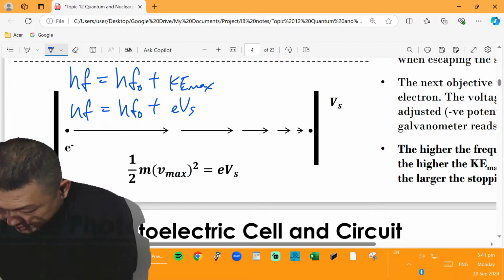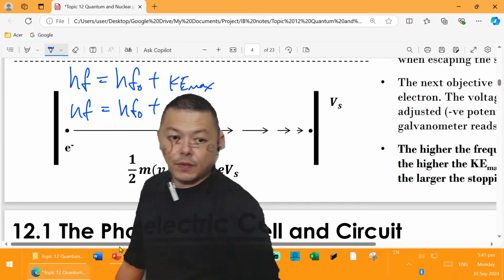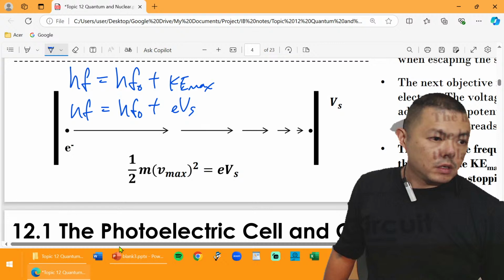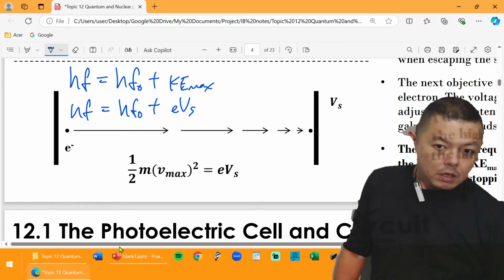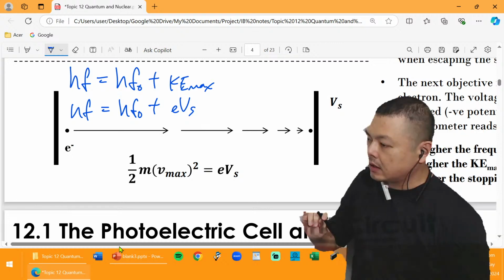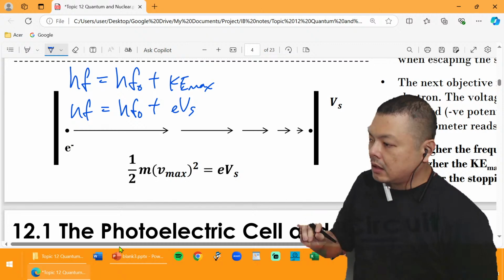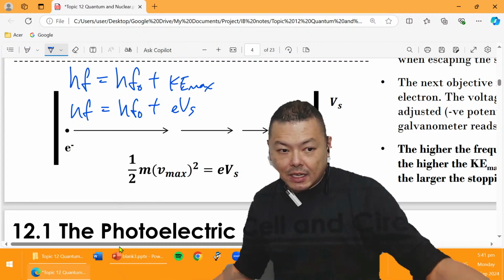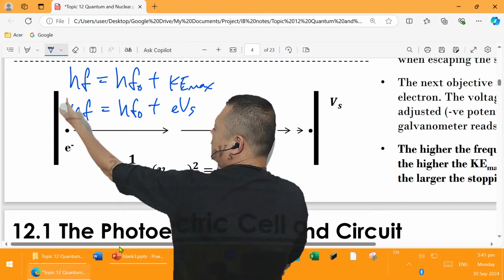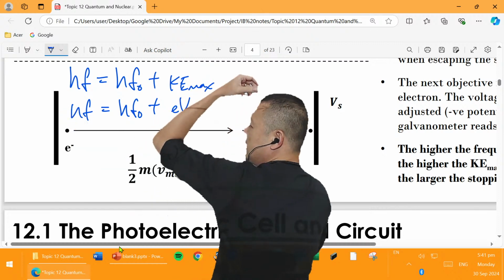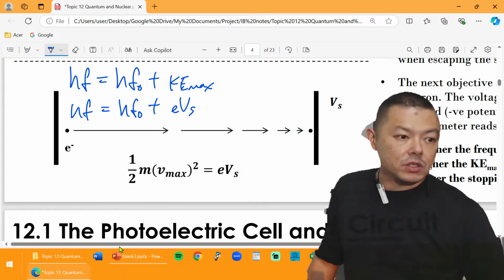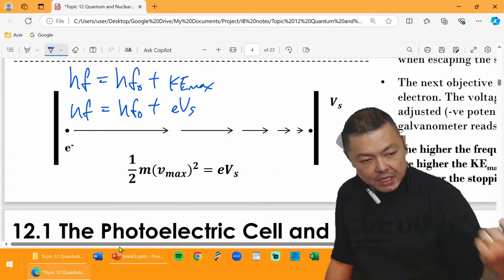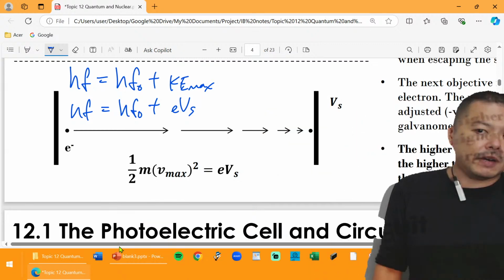You can change it to eVs if you want. So if I give you the photon energy, and I tell you the work function is this much, and I ask you to predict the stopping voltage, can you find it? Yes, you can.